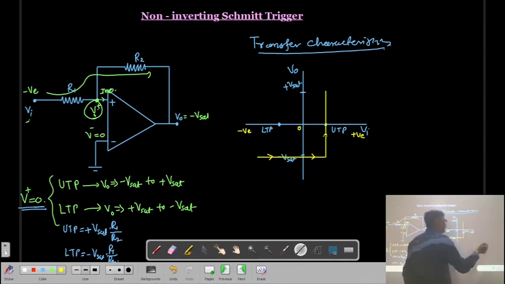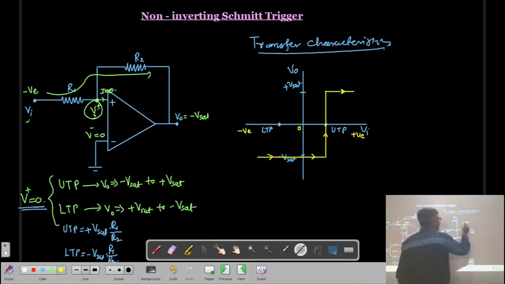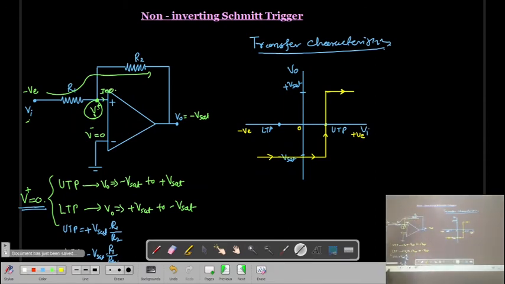And again, if we increase the input voltage, then it will remain in a plus V saturation. Now, if you decrease the input voltage, then as you already know, when my input voltage is positive, the output will be in a plus V saturation because it is non-inverting.